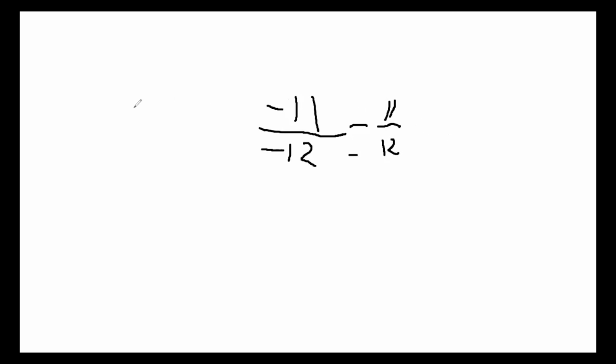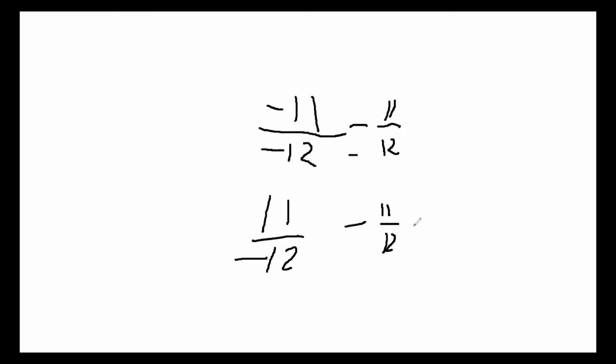Sometimes when you end up going through all of the work, you'll have a negative here and a negative here. These two will cancel out, and then they'll just end up being a positive. But if it solves like being 11 twelfths, and let's say there's a negative down there, then it just ends up being negative 11 twelfths, like that.